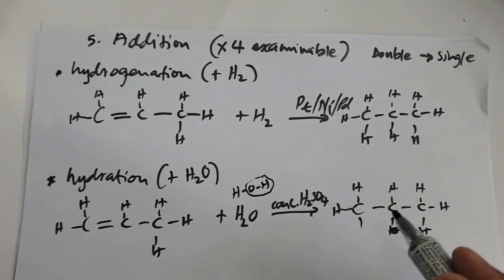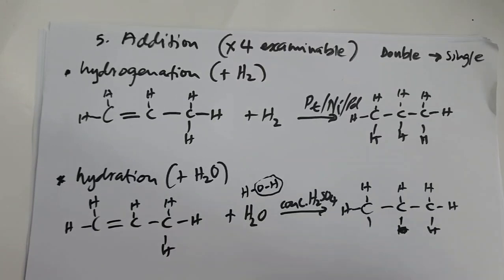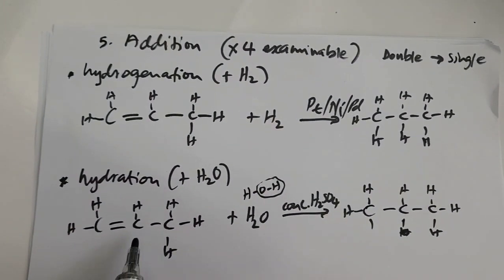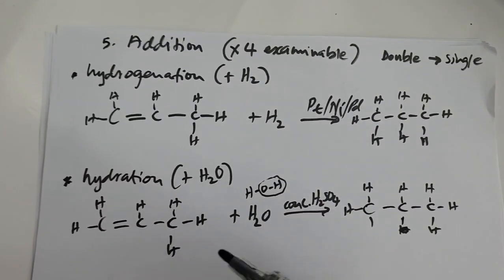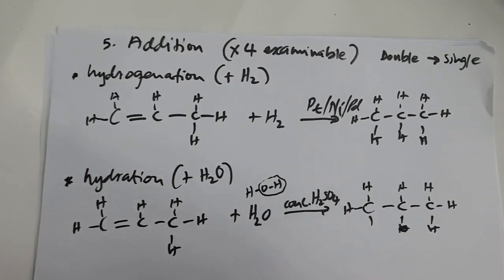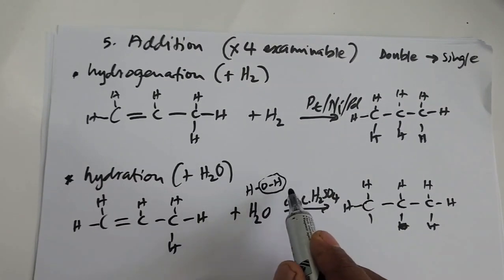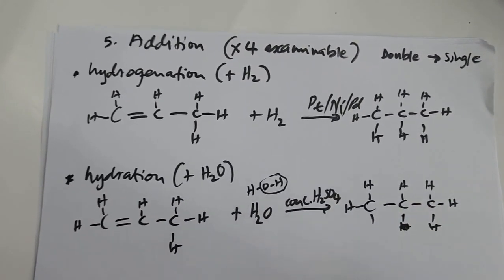So hydrogen, when we add, we are using the so-called Markovnikov rule, just a rule that you should know. Normally we say when hydrogen is added, it will be added to the rich carbon, or the more bonded carbon, whereas the remaining, which is the OH, will now go to the less bonded carbon.